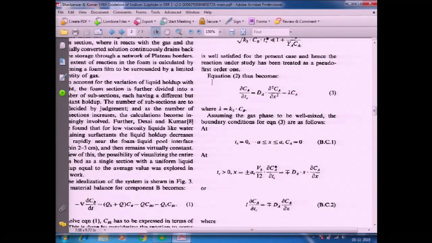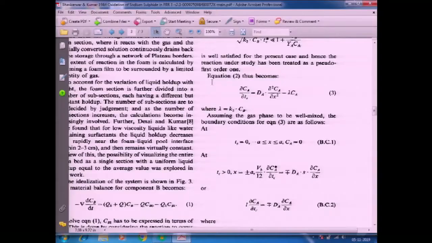When you do this, take S on this side, multiply by K and divide by K, then we have Vb by 12 Ks, which is L, and you can write this condition as L dou Ca by dou Tc equal to minus or plus dA dou Ca by dou x. Because so far what you have seen, when the gas is contacted with liquid, is the interface with zero capacity. It is a plane, so it has zero capacity. That is the point which is saturated. Exactly.